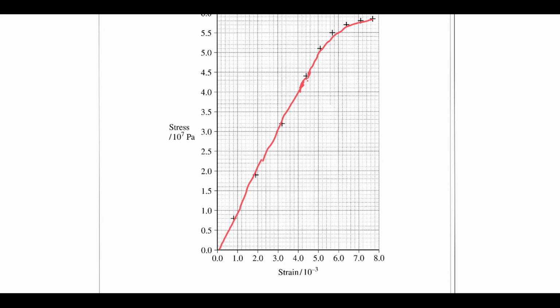Okay, so that's the best I can do on this tablet. We've got a straight line up to around 5 times 10 to the minus 3 on your strain. Then it's clearly curving off. I think I undercut it a little bit, so I'd rather have gone a little bit smoother, but that's the best I can do on this, I'm afraid.